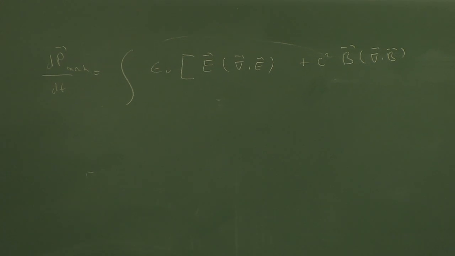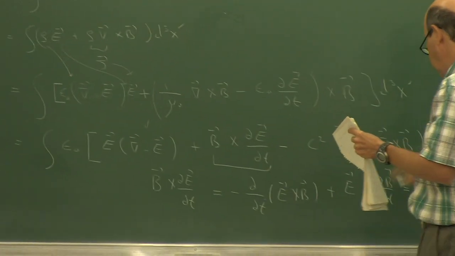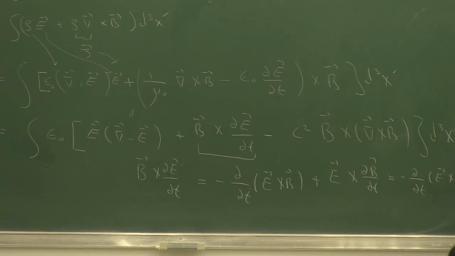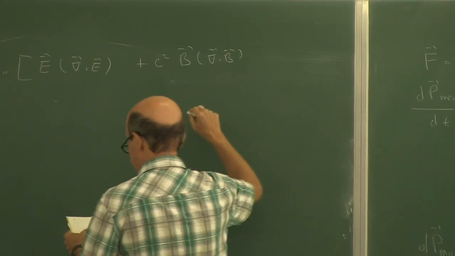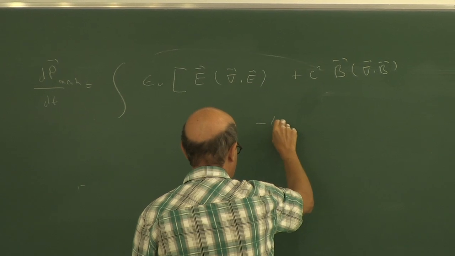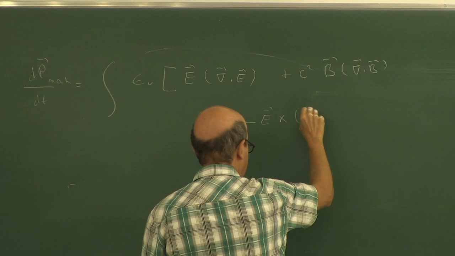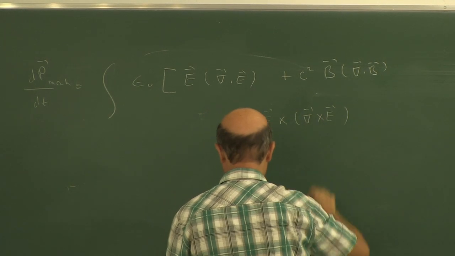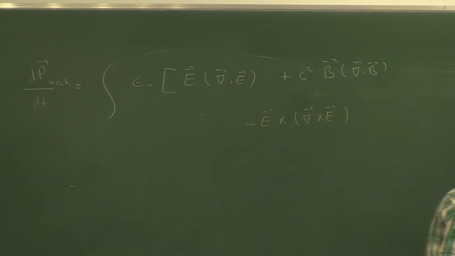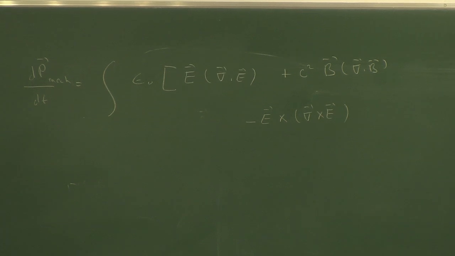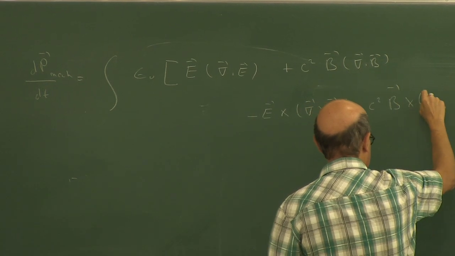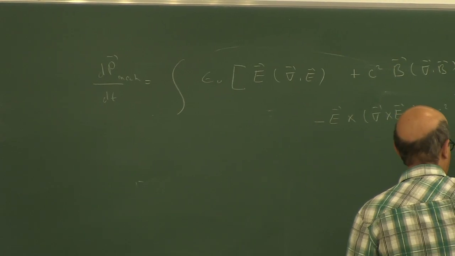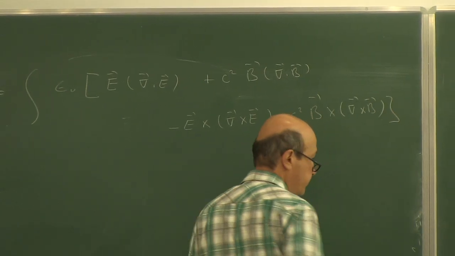I add that term, so basically I add the del dot B there. Let me use this term, and that is equal to minus E cross curl of E, and I use this term, then minus c squared B cross curl of B, close the parenthesis.